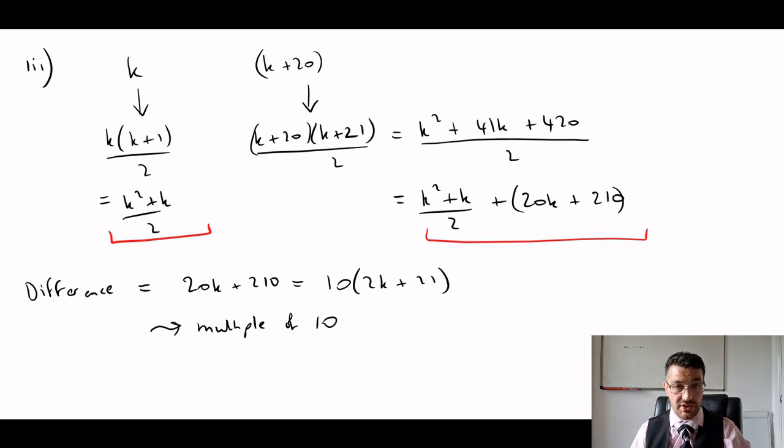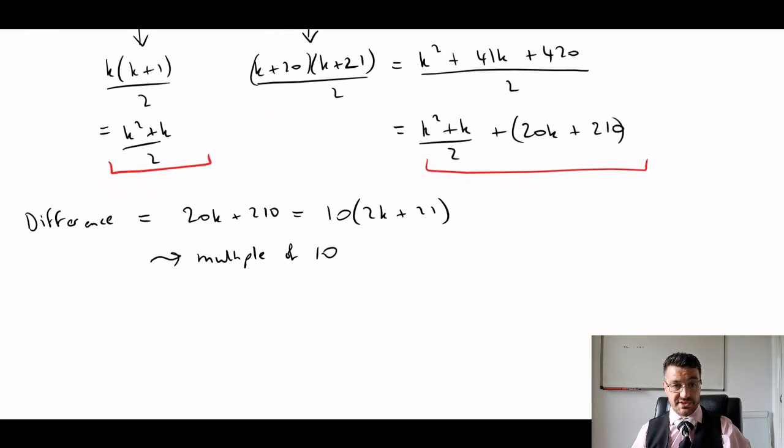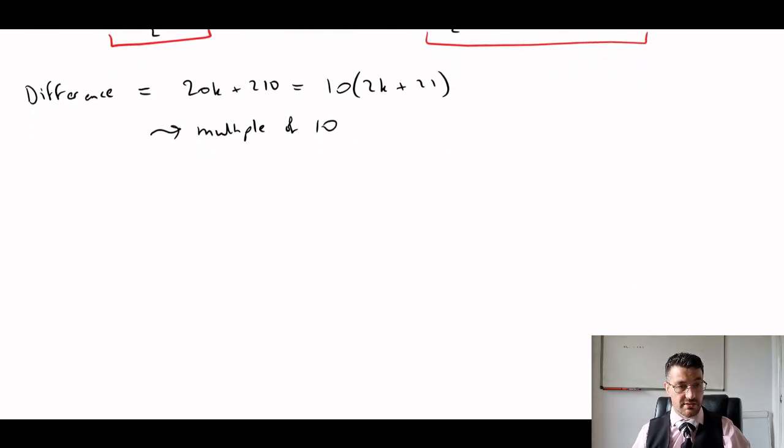And since there's 10 children in the circle, that means that the kth sweet and the k plus 20th sweet are given to the same child. Okay, easy.